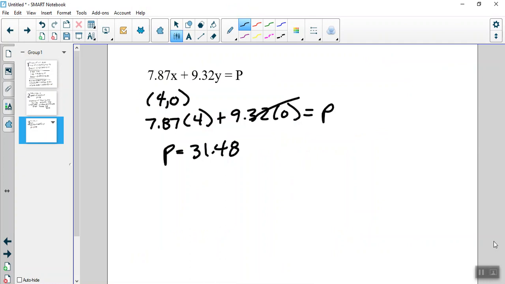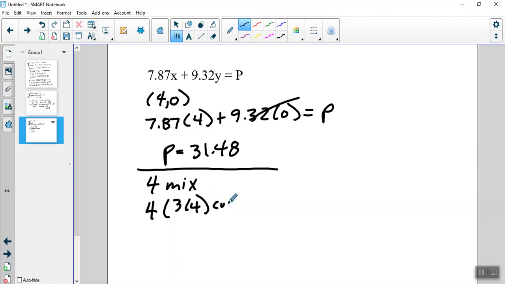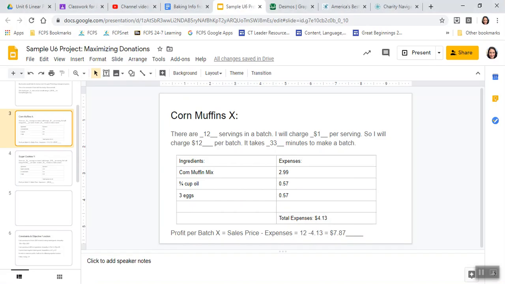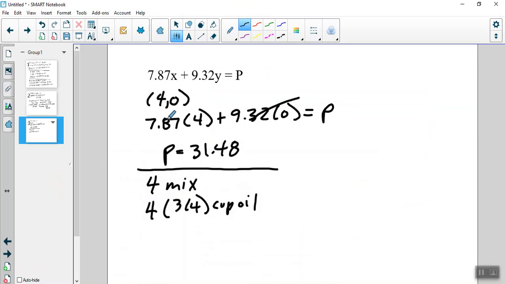So 4 mixes and 4 times 3/4 cup of oil and 4 times 3 eggs.